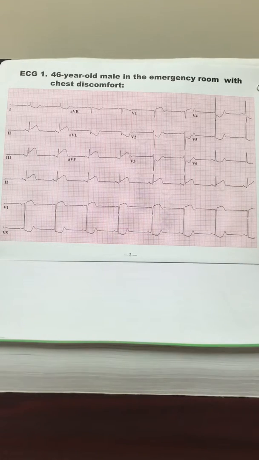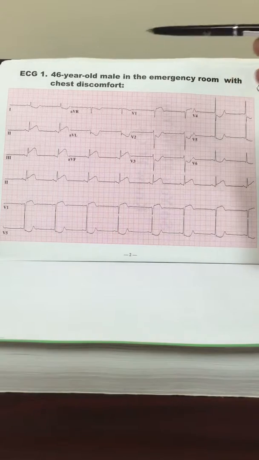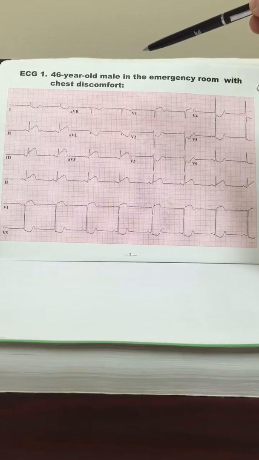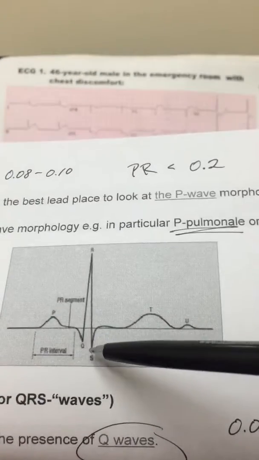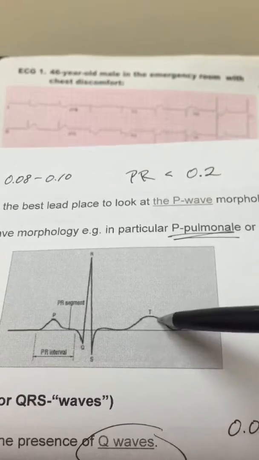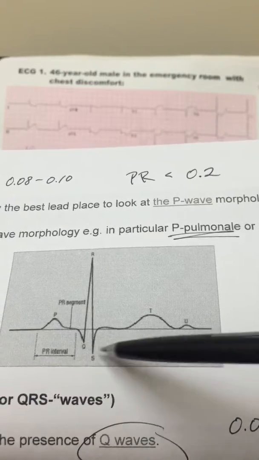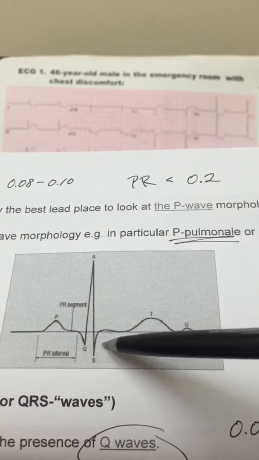Next, we would look at the ST segment. Here's your S wave, here's your T wave. The ST segment is the interval between those, right there.